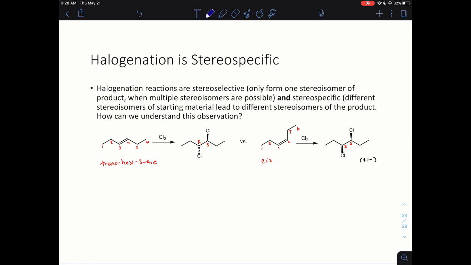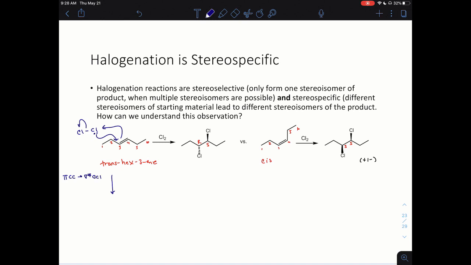I think it's easiest to understand this through a mechanism and easiest to understand this with the trans hex-3-ene because it behaves similarly to what we might expect. I mean, well, they both do, but I think it's easier to see this with the trans. So we have our pi CC to sigma star ClCl.